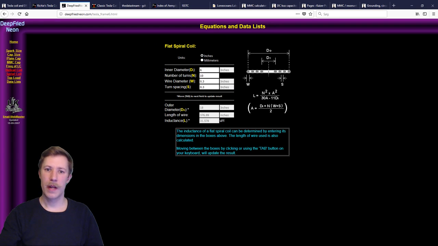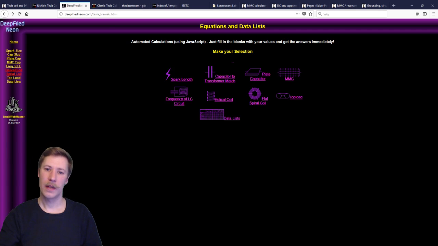Then there's the flat spiral coil again. It's good for just a quick estimate on how much wire is needed, or if you have 10 meters of wire, how big a primary can you build, and so on.